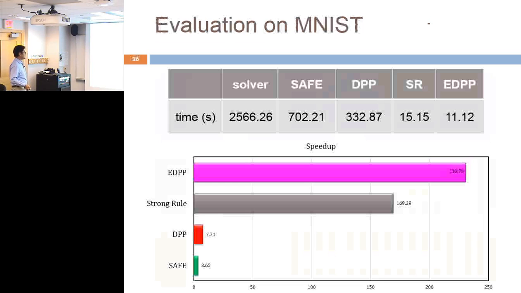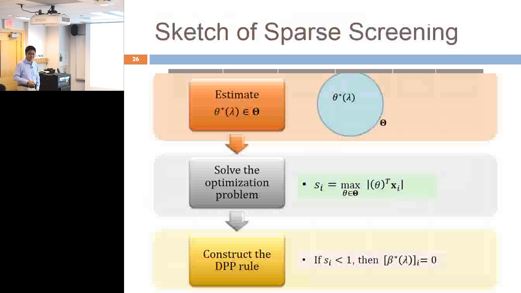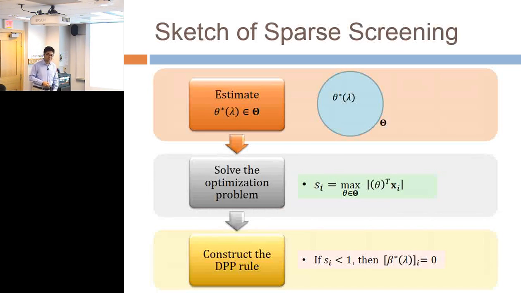Okay, so now let's see some results. Sorry, question here. Can you go back to the slide? Yeah. So what's the intuition behind this maximum of the Q times X being less than 1? This one. For this one, this is derived from the KKT condition, the first order optimal conditions.